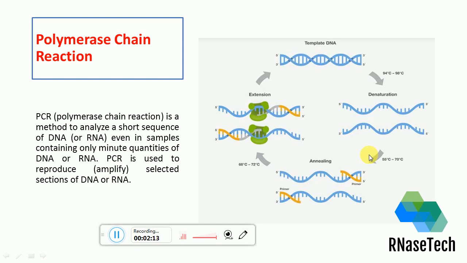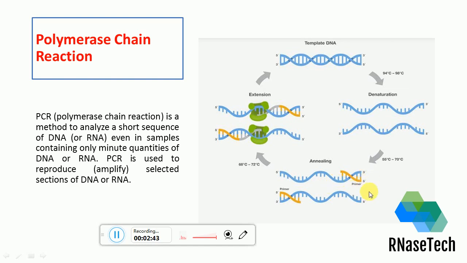Next step is annealing. What do you mean by annealing? Annealing is basically the attachment of primers. If you have seen my previous videos, I have shown you how to design primers. A primer is basically a small segment of bases based on which the DNA polymerase enzyme, which helps in the multiplication of DNA molecule, gets attached, and then the process of polymerization begins.